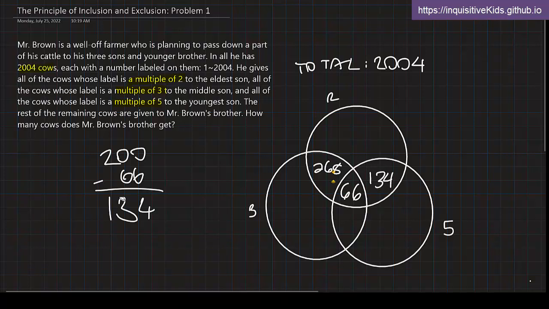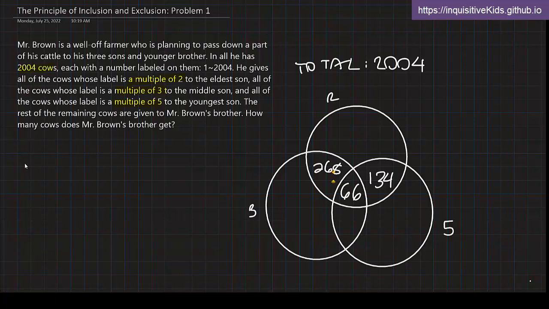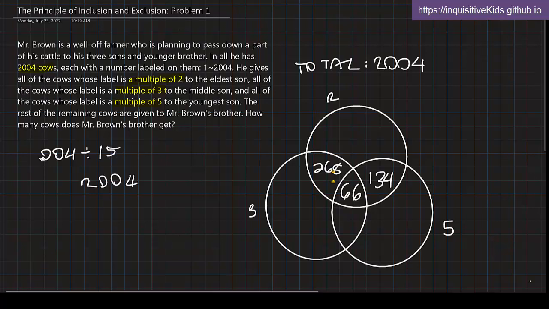Now we have the final blank, which is 3 and 5. What is the LCM of 3 and 5? The LCM of 3 and 5 is 15. So we're going to do 2004 divided by 15.